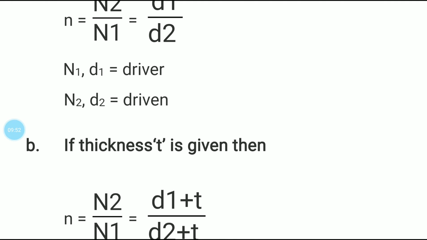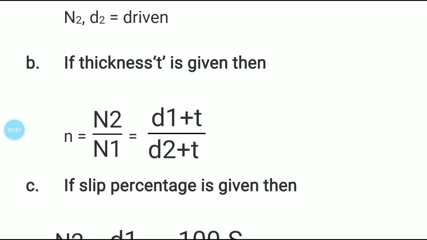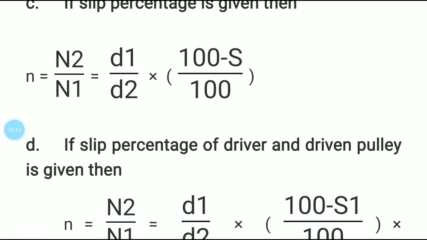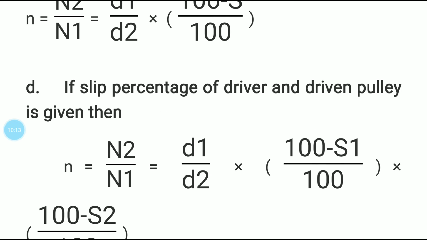B, if diameter, speed and thickness is given, then the B formula. And if only one slip percentage is given, meaning the slip percentage of the belt, then you have to take the C formula. And D is if the slip percentage of driver and driven is given. If one is given, you have to find out the other one. So if the slip percentage of driver and driven is given, the D formula will come.